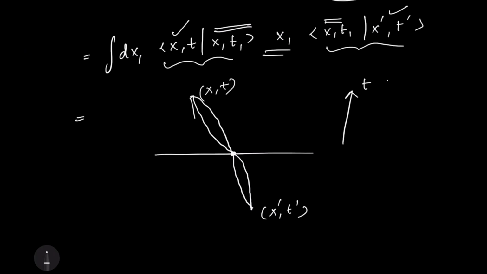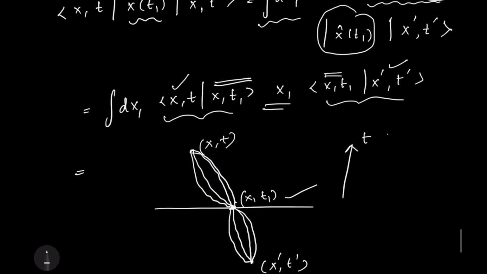So now you have two different sets of paths. First you do the path integral up to some location x1 t1, then multiply by x1, and then again do the path integral from x1 t1 to xt.